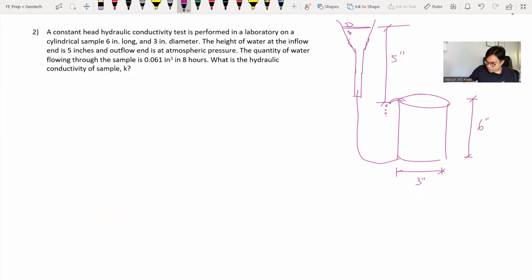So we have a graduated cylinder here to collect the amount of water that comes out, and we collect 0.061 cubic inches in 8 hours. So the test duration is 8 hours. Now let's ask what is the hydraulic conductivity of the tested soil sample. This is the soil sample, and this is the water collected.